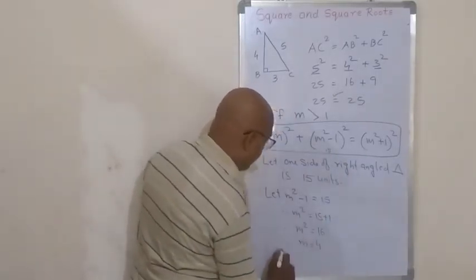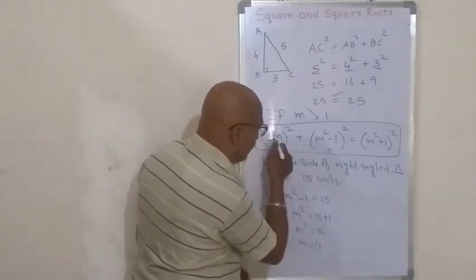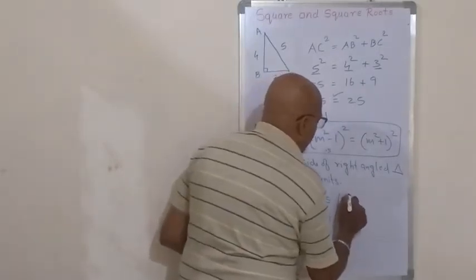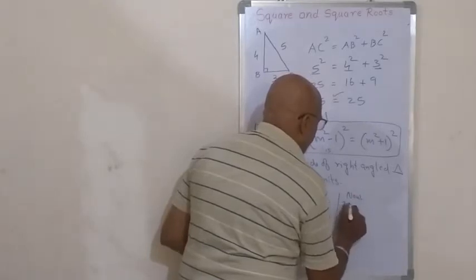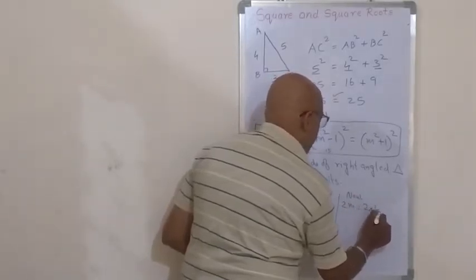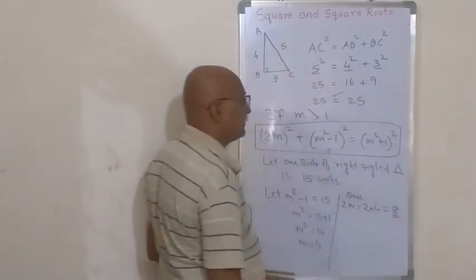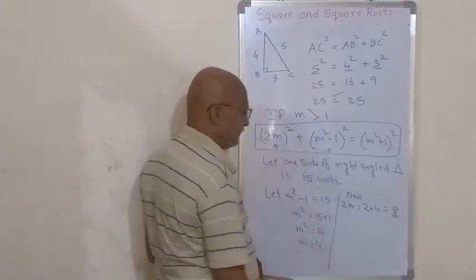So what we have to do is, here put m equal to 4 in 2m. So what we get? 2m equal to 2 into 4 equal to 8. So this is the second number of the Pythagorean triplet, that is 8.